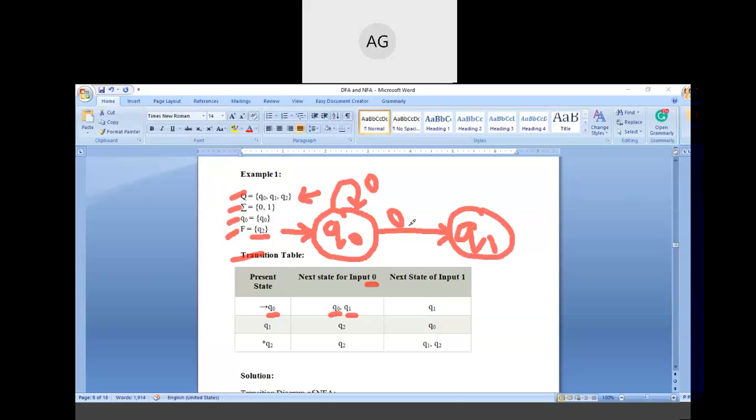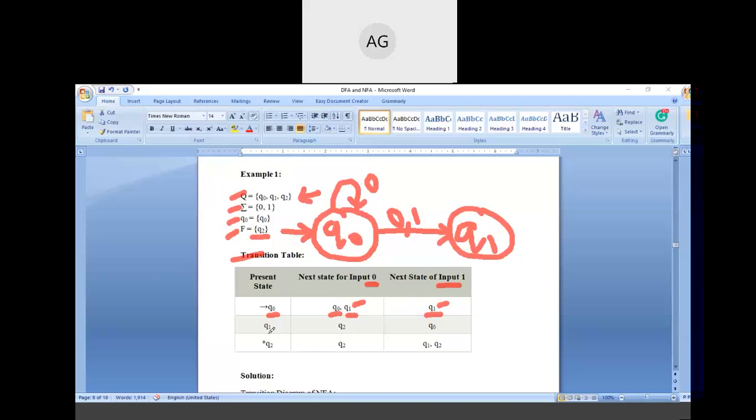On input 1, Q naught moves to Q1. So we write 0 comma 1 here. On getting input either 0 or 1, we move to Q1. So now the Q naught transitions are completed for both inputs 0 and 1.